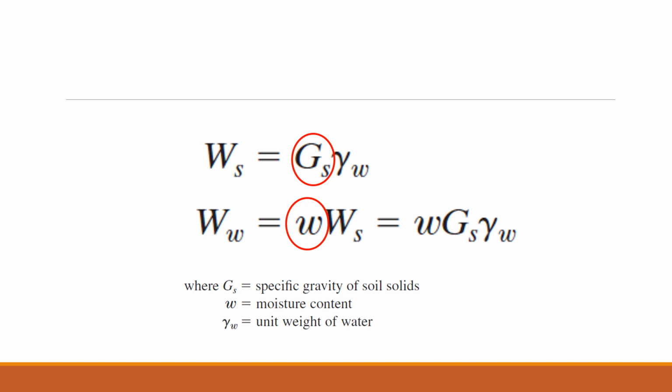Now, the weight of solids, as previously on the above equation, is equal to the specific gravity of solids times the unit weight of water. So, finally, the equation for our weight of water is now equal to the moisture content of soil times the specific gravity times the unit weight of water.